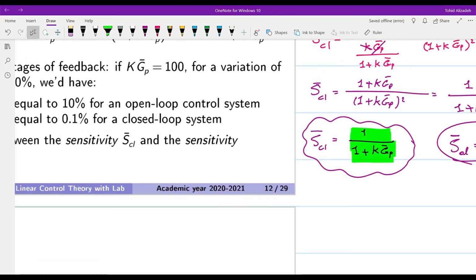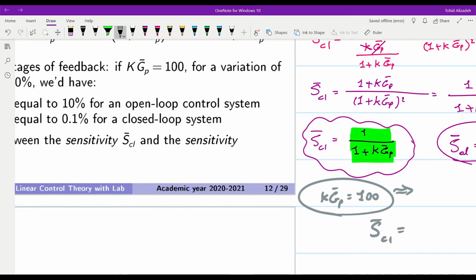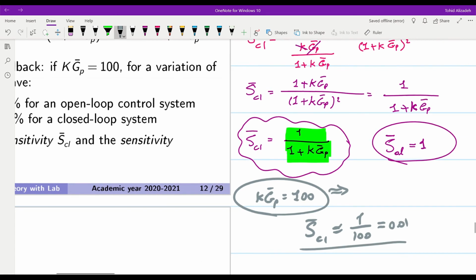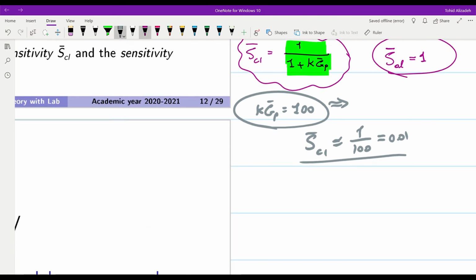And if we do it properly, as an example, we can have k times GP bar being equal to 100. And therefore, the sensitivity of the closed loop system will become around 1 over 100, which will be 0.01 or 1%.